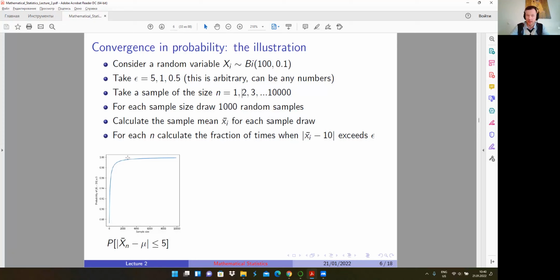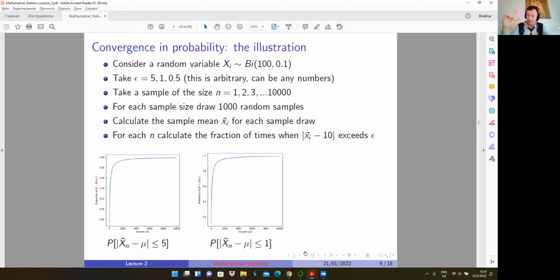And you see that this fraction tends to 1. Basically, it starts from 0.88, or a bit less, and then it goes to 1 immediately. When the sample size gets larger, the probability that this actual average will deviate from 10 by 5 units becomes negligible.